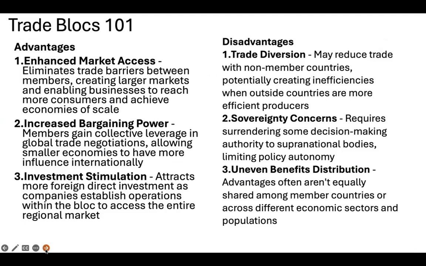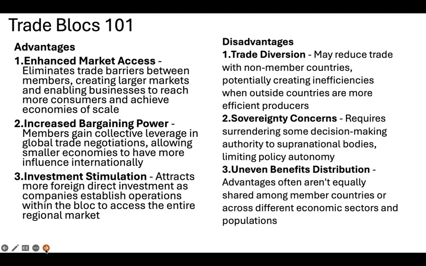There's also increased bargaining power on a global scale. So by negotiating as a unified entity, trade bloc members can gain greater leverage in global trade discussions. It was beautifully put to me once by a student who said that what the EU does is allow smaller nations a seat at the main table, which they ordinarily wouldn't have had.